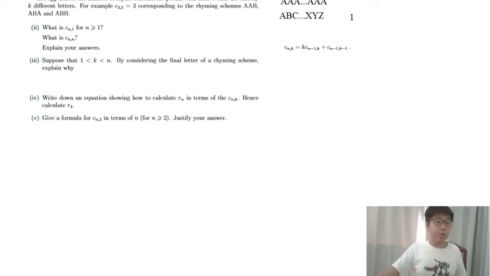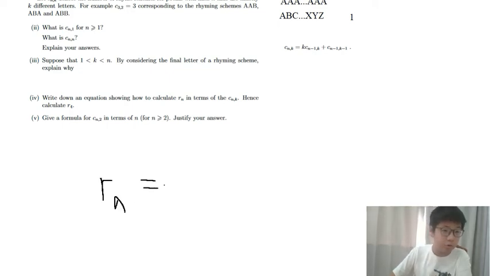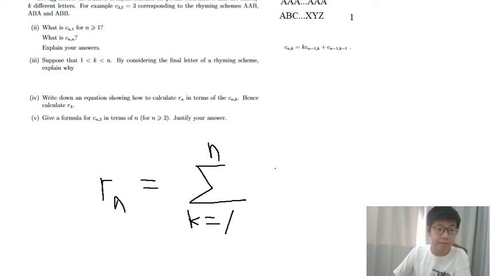Now let's zoom out and talk about the next portion of the question. Write down the equation showing how to calculate R_n in terms of the C_n,k. This is actually very easy, because R_n equals the sum from k equals 1 to n, because you can use 1 to n different letters. So this means it's C_n,k.